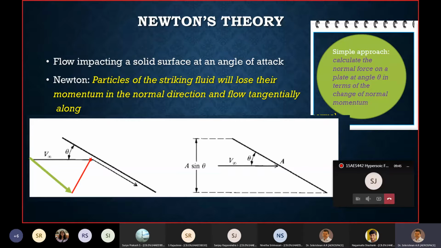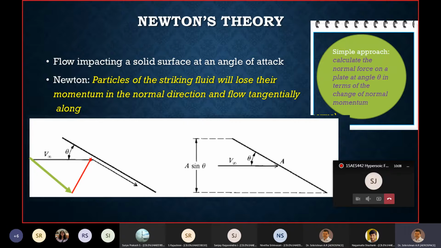So Newton argued that when a fluid with some velocity impinges on a surface, the interaction can be considered as a series of fluid particles striking the solid surface.